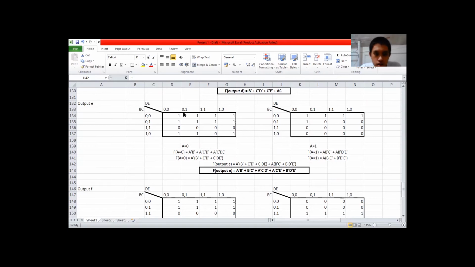So first one is this group. This group. And the second group is this one. And this one. So for the second half of the K-map, the third group for output E is this one.